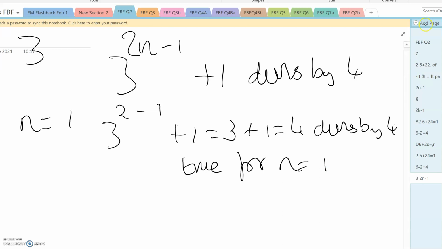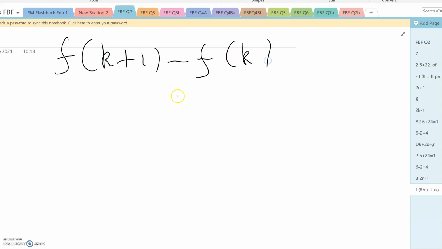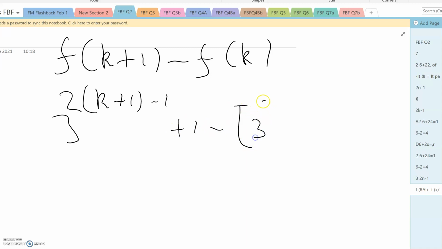The next stage in a divisibility proof by induction is to consider f of k plus 1 minus f of k. And that turns into 3 to the 2k plus 1 minus 1, plus 1, take away 3 to the 2k minus 1, plus 1.